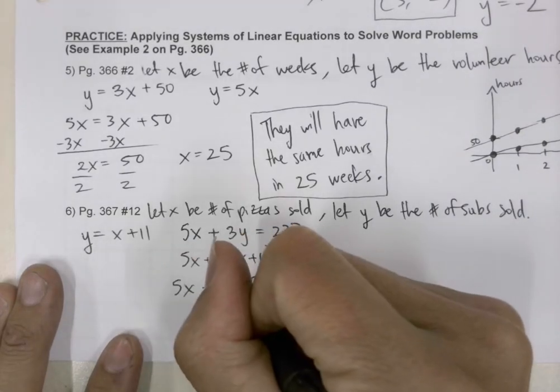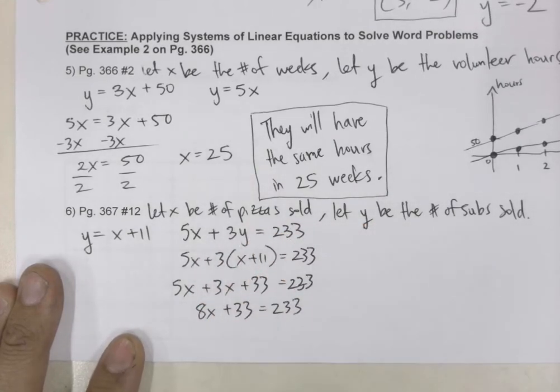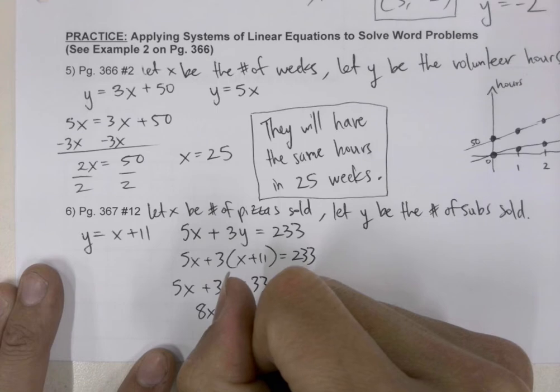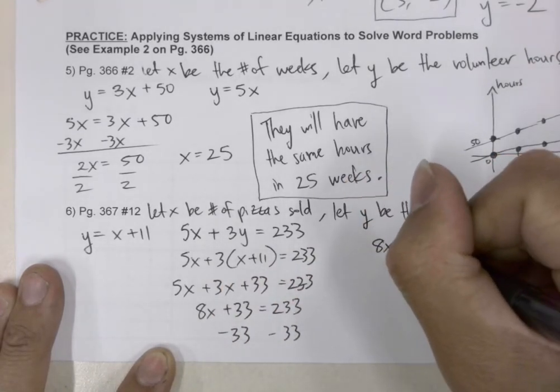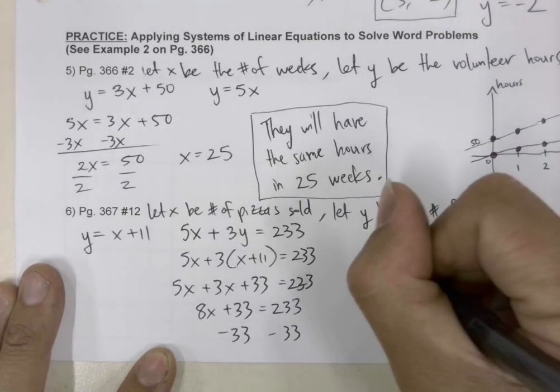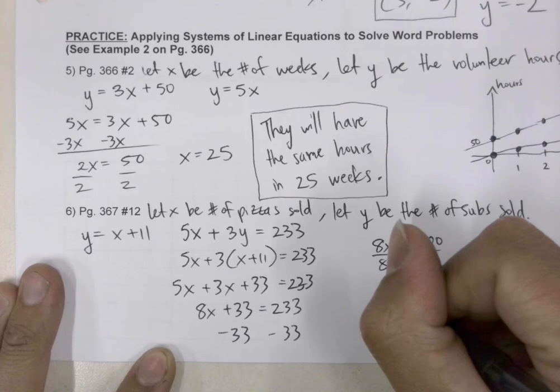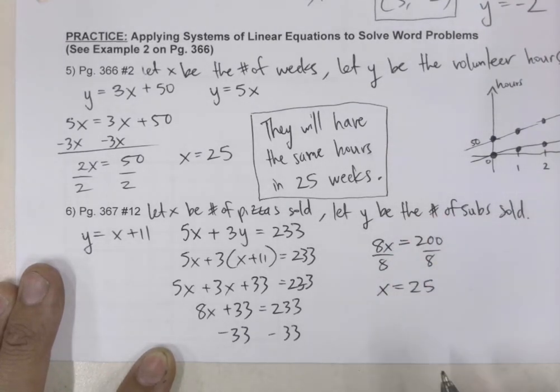We'll get 8x plus 33 is equal to 233. We're going to subtract 33 from both sides, and that's going to leave us with 8x is equal to 200. Then I'm going to divide by 8 on both sides of the equal sign and get x is equal to 25.